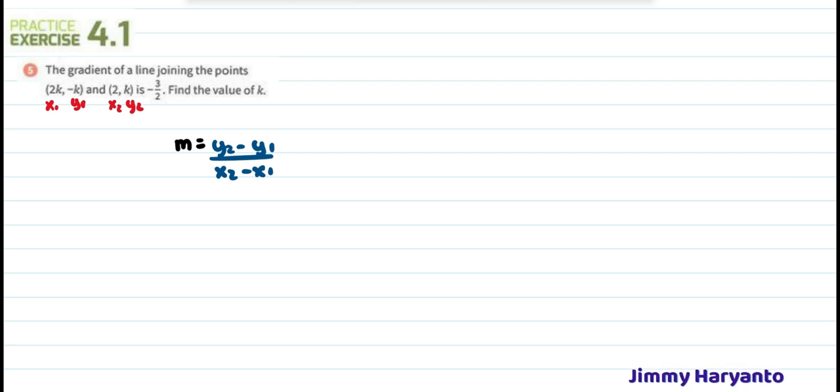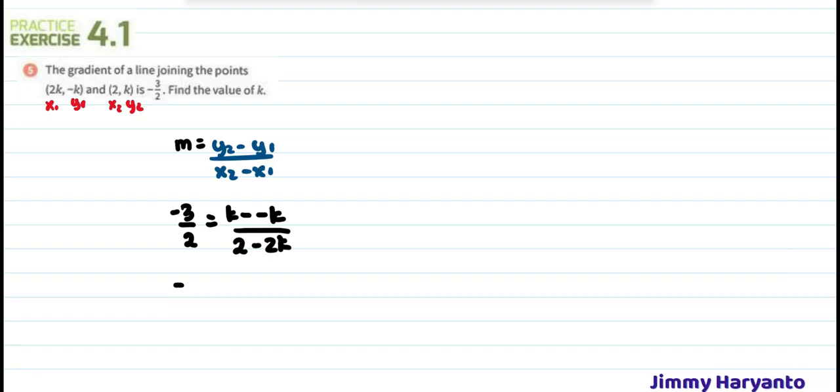Next is question 5. For question 5, the gradient is already given, so we only have to input it into the formula. y2 equals k, y1 equals negative k, over x2 is 2, x1 is 2k. Let's simplify this first: you have 2k over 2 minus 2k.